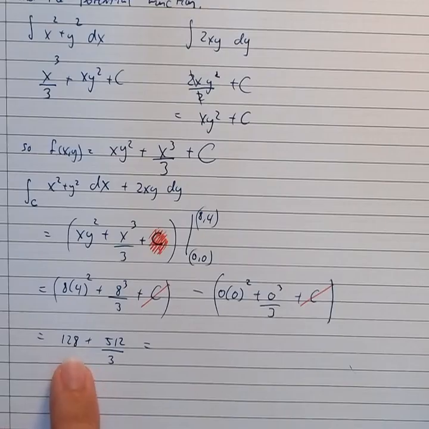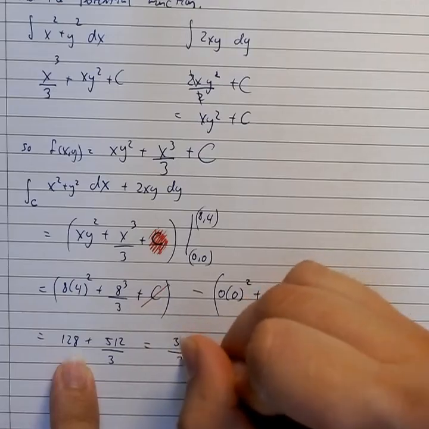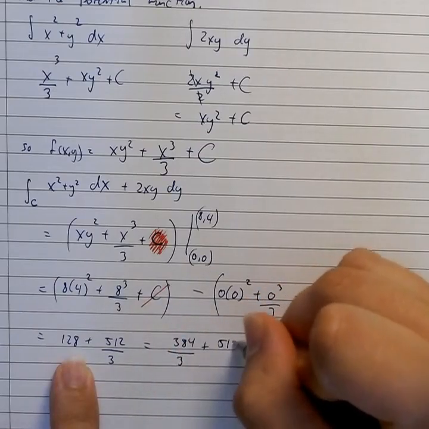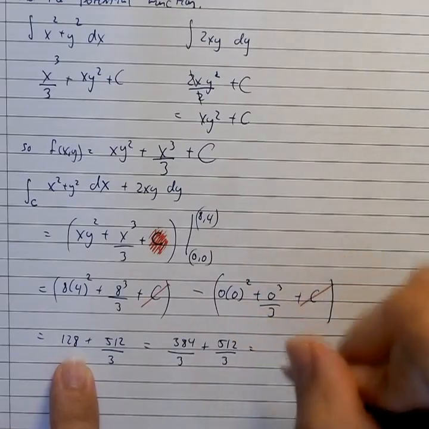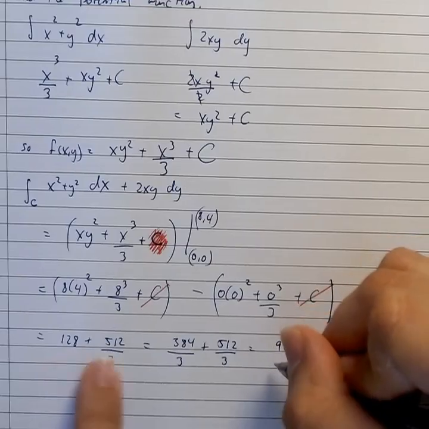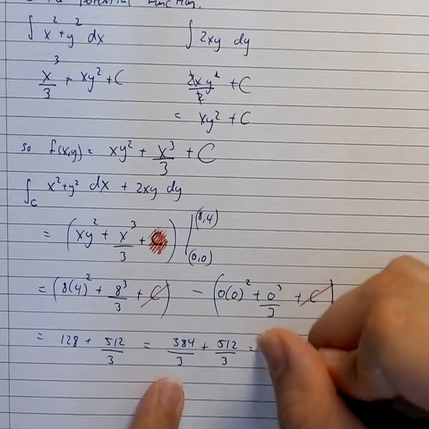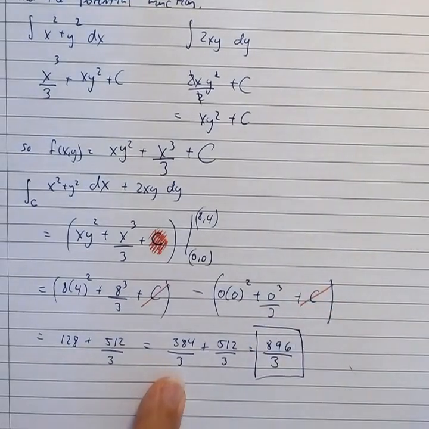So let me just give these a common denominator. If I take 128 times 3, that'll give me 384. So that's going to be 384 over 3 plus 512 over 3, which is 896 over 3. Just like that.